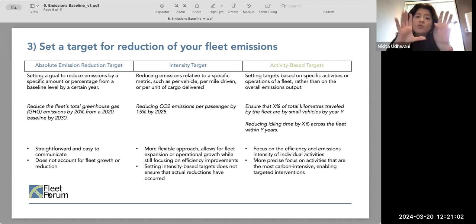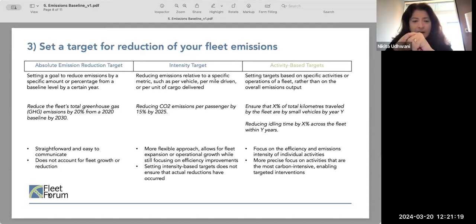Here, I'm going to walk you through three different approaches that I'm familiar with. I'm not a target setting expert, colleagues, but we are doing more and more research in this area, and I want to bring this to you. First, we have what we call the absolute emission reduction target setting approach.